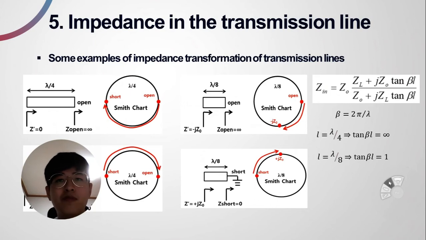Substituting this into the equation on the right, you can find Zin. However, if we know how to read the Smith chart, when length is lambda over 4, it turns half a turn, and when it is lambda over 8, it turns one quarter turn. So it is very easy to find impedance.